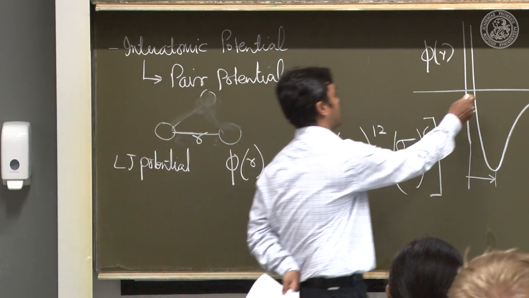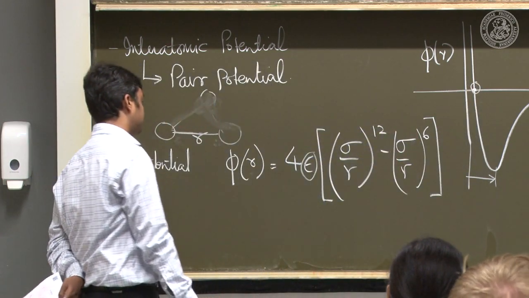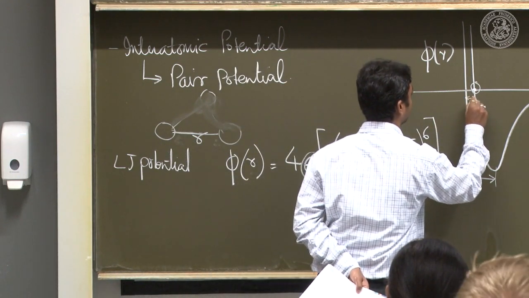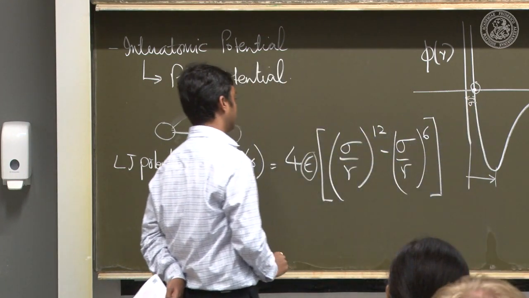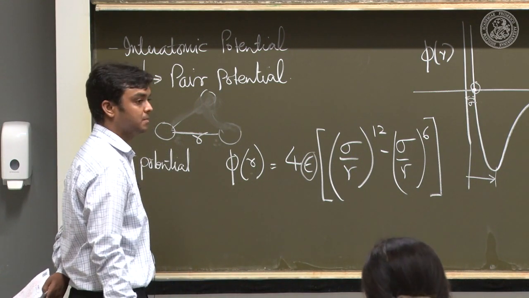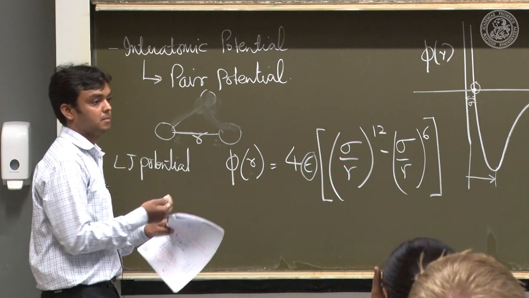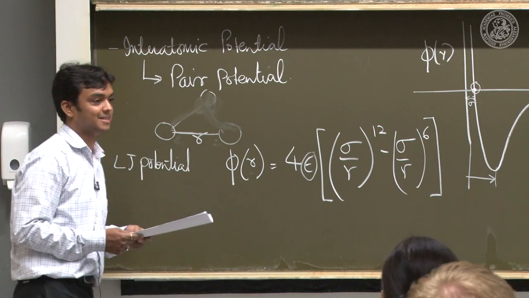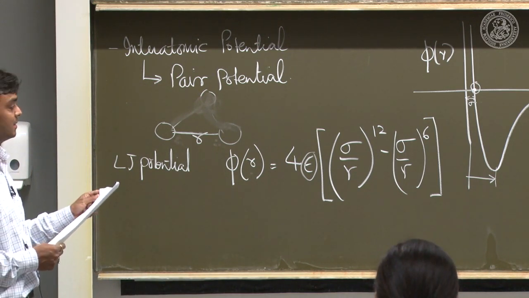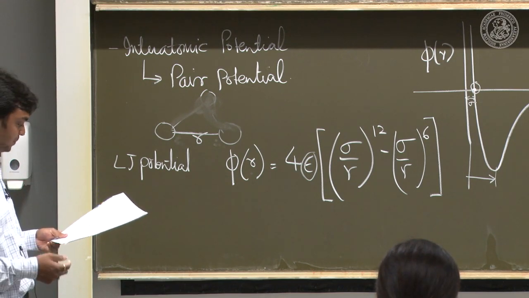So that's the distance sigma. And I think epsilon is the depth of the well. Maybe if you differentiate, you can find out what the R for the minimum energy would be. It's not hard, is it? But somehow it's related to the depth of the well, epsilon.